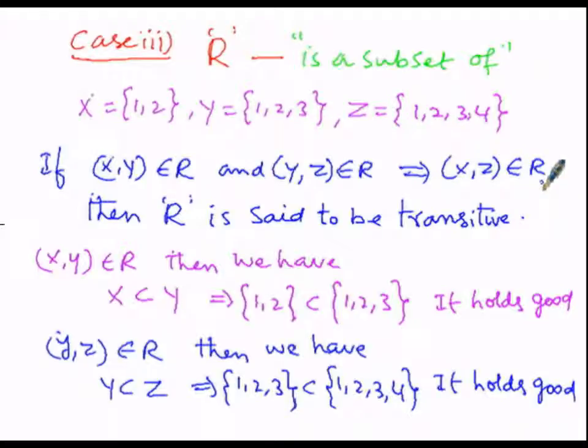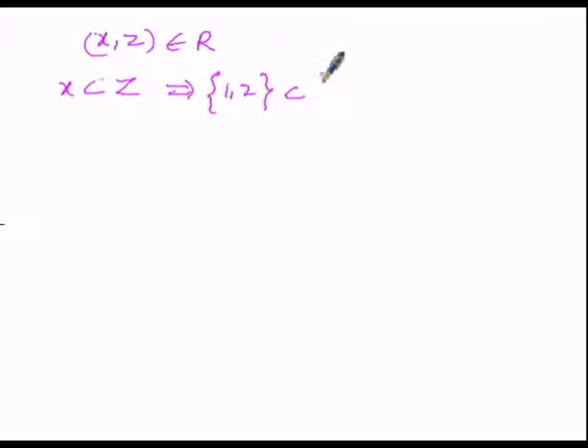Then the third case, that is the last one. Here x comma z also must belong to R, but the relation is a subset of, so x must be a subset of z. That implies the elements of x, 1 comma 2, are a subset of z, elements 1 comma 2 comma 3 comma 4.